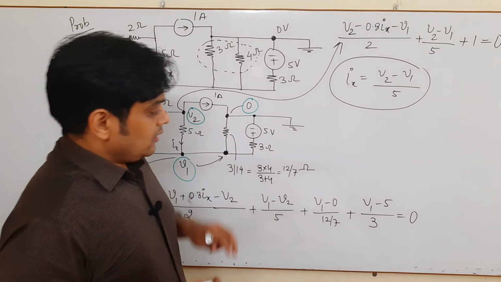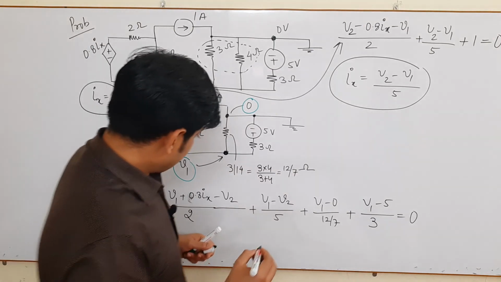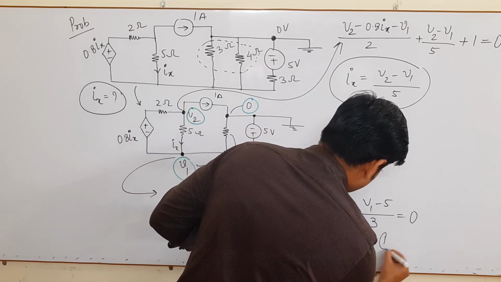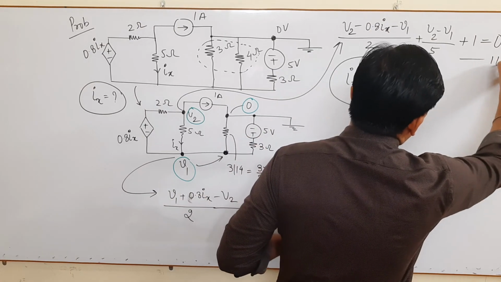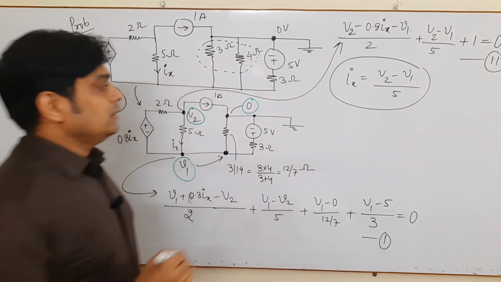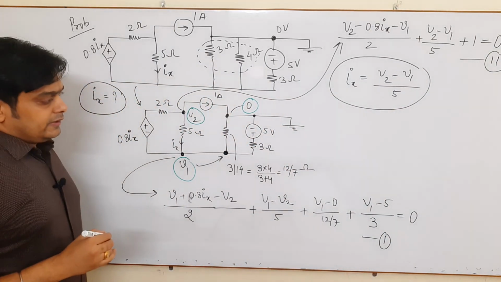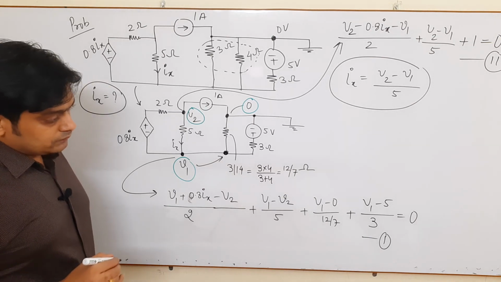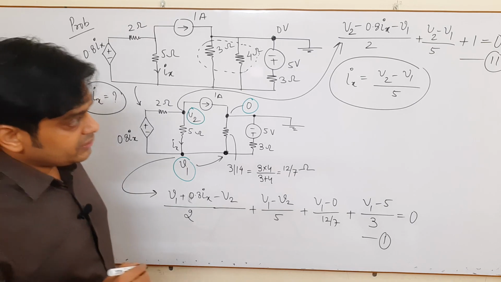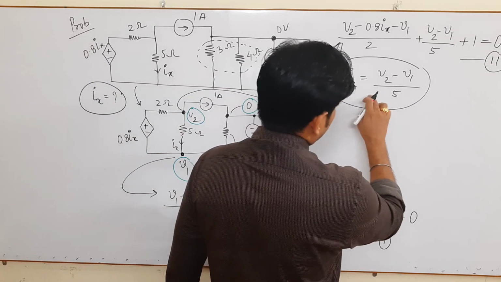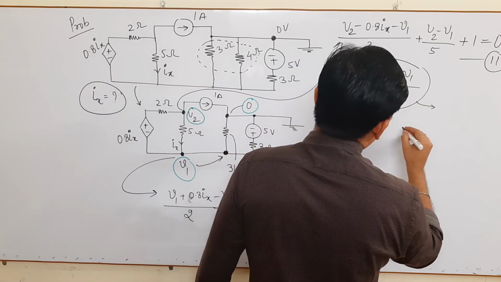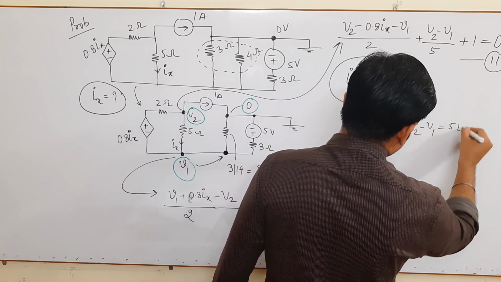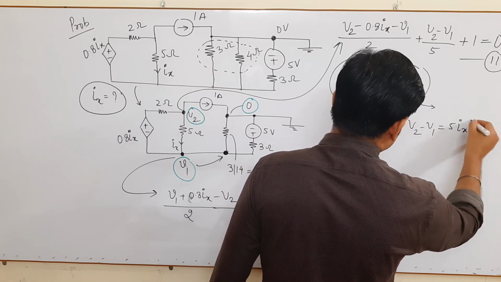In this question, as I said, this is your equation 1, this is your equation 2. Specifically in this question, we directly analyze equation 2. If you analyze equation 2, the value of V2 minus V1 is 5 of Ix.